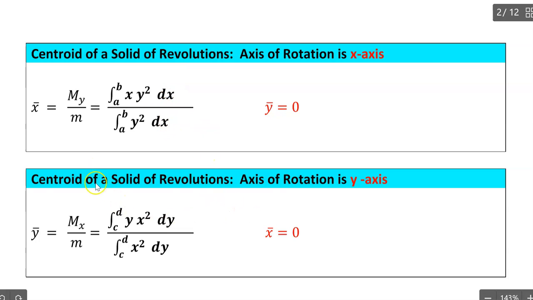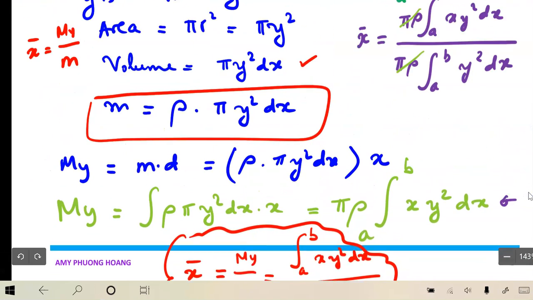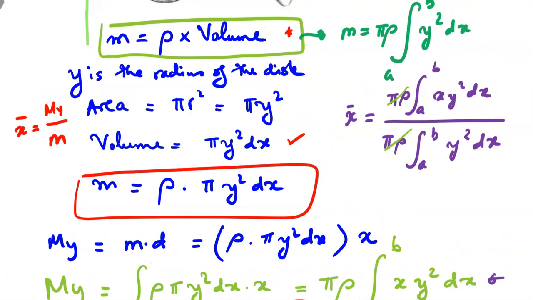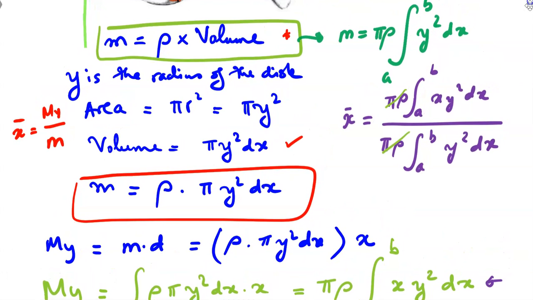If you have a centroid of a solid of revolution with the axis of rotation being the y-axis, then the value for x bar should be equal to 0, and in this case you are going to work with the horizontal elements. So again, horizontal element for this method, vertical element for this method, and the My, Mx we already figured out up here, as to why we have to use these formulas.